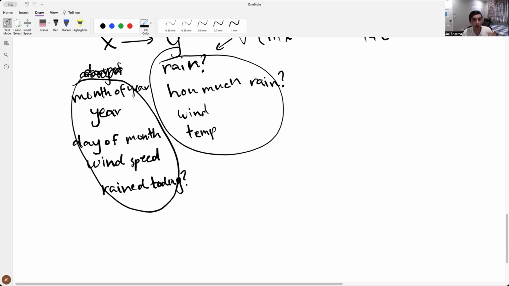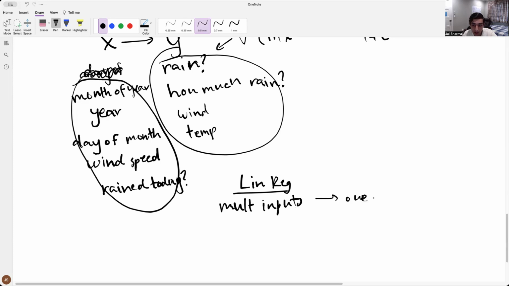Because like I showed you the example of linear regression and logistic regression, where you have one input and one output. In linear regression, you can actually have multiple inputs, but no matter how many inputs you have, you can only have one output.